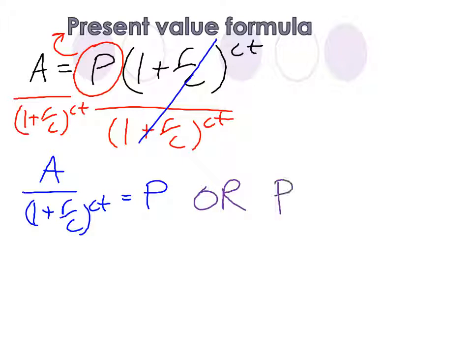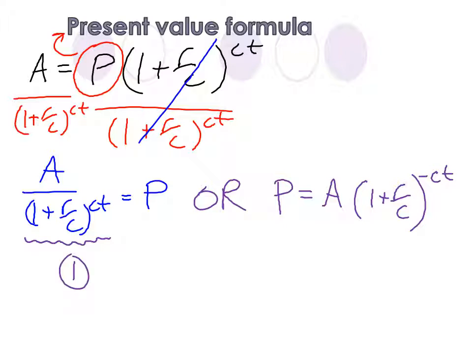So I could also write this as P equals A (1 plus R over C) to the negative CT. Either one of those versions of the formula you can use. You can use option number 1 if you like fractions, or if you don't like fractions and you're comfortable with that negative exponent, you can use option number 2.